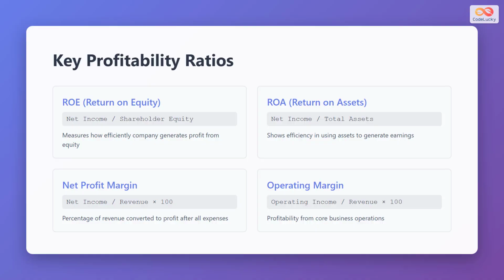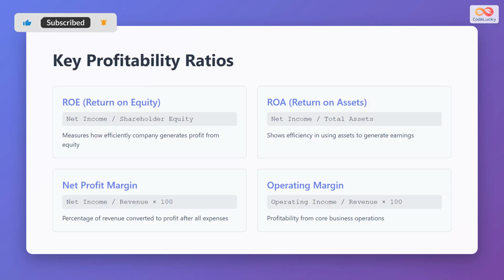Profitability ratios help you understand how efficiently a company generates profit. Return on equity, or ROE, is calculated as net income divided by shareholder equity, and measures how efficiently the company generates profit from the money shareholders have invested. Return on assets, or ROA, is net income divided by total assets, showing how efficiently the company uses its assets to generate earnings.